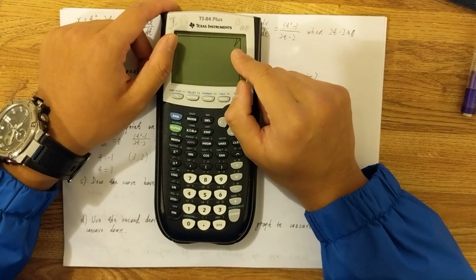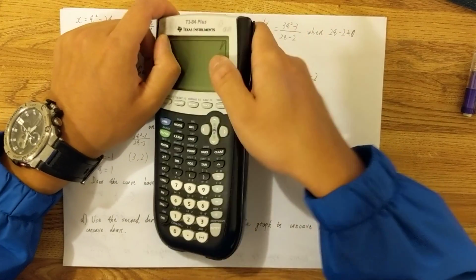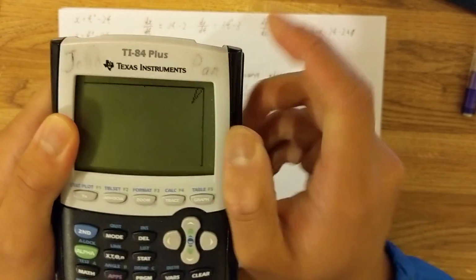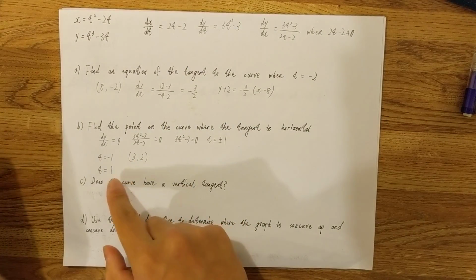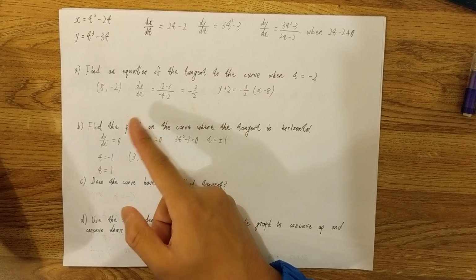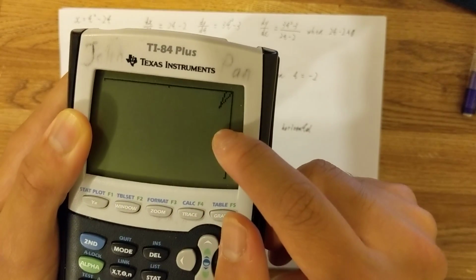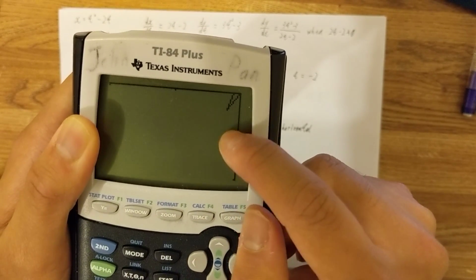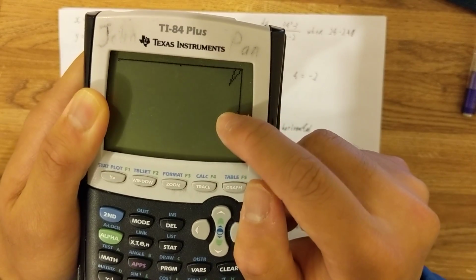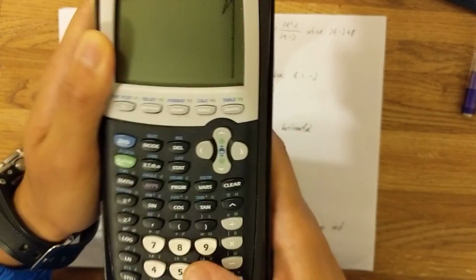You can see that there is a sharp point over here. You can't see it clearly. So that is when t equals +1 and the denominator is 0. There will be a sharp point over here, which is not a horizontal tangent. So it's not a well-defined tangent.